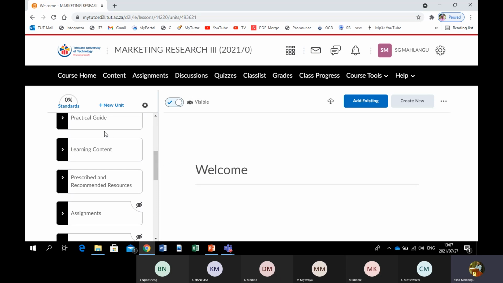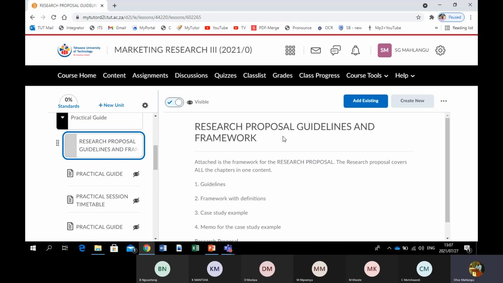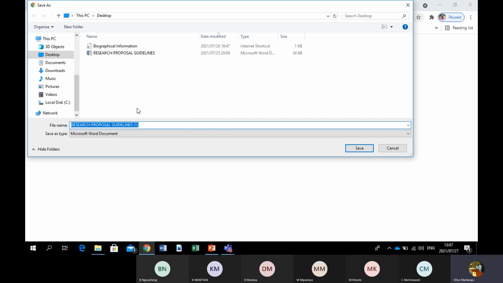They are under practical guide, research proposal guidelines. If you quickly download that, okay, I save.